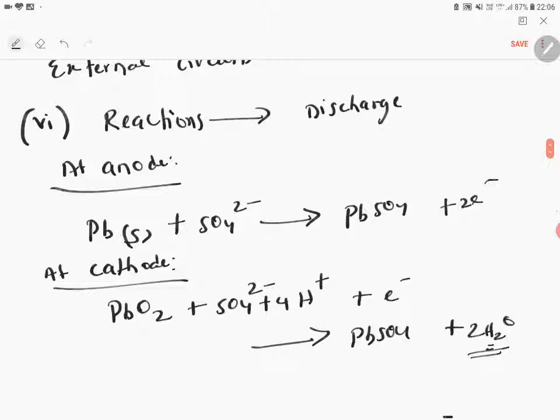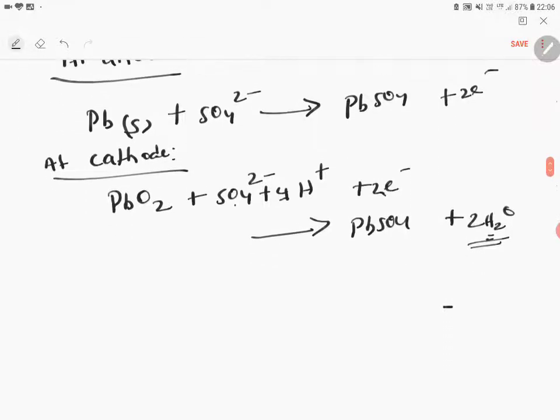So electrons are cancelled. Okay, here I should give 2 electrons because by mistake it happened. 4H plus is there, 2 negative, 2 electron negative, therefore 4.